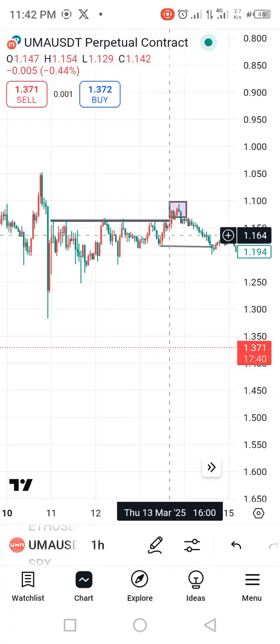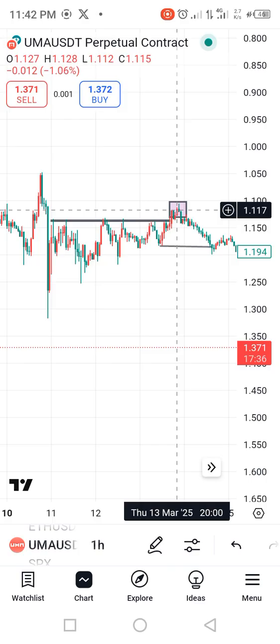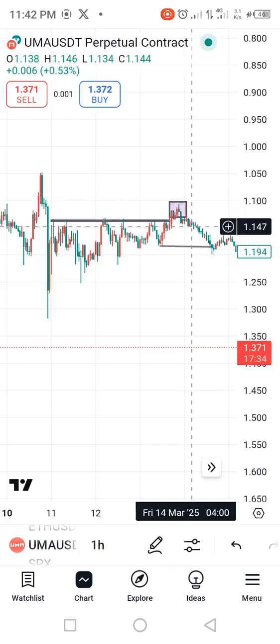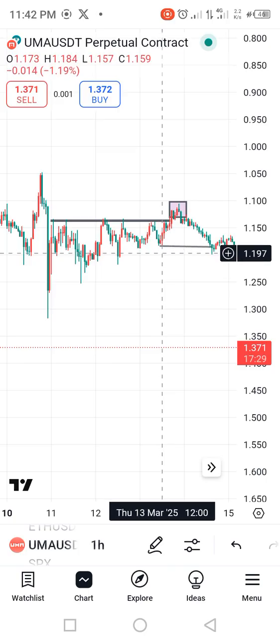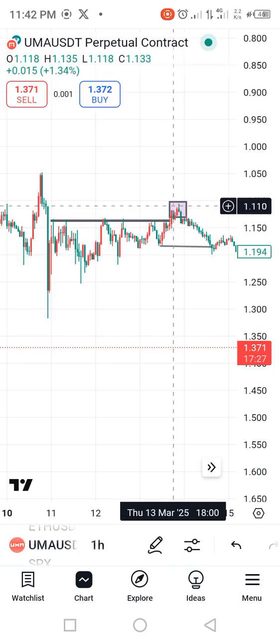The market manipulates as if it wants to go up. Then it comes back and takes out that low that led to the manipulation.